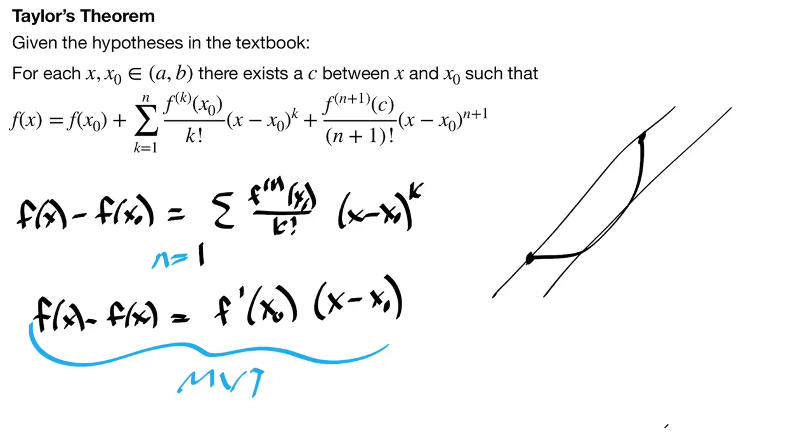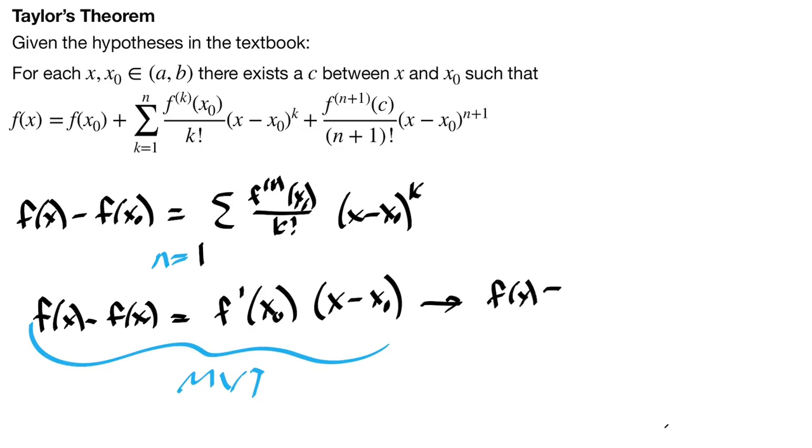So we're learning something about how steep it is and how the slope works here. Well, importantly, we'll say f of x equals f prime of x naught times x minus x naught plus f of x naught.